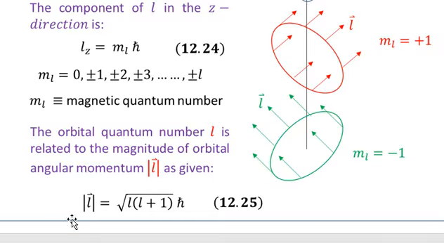On the left hand side, you have the magnitude of the angular momentum of the electron or the atom, and on the right hand side, you have the square root of the orbital quantum number L multiplied by L plus 1, multiplied by h bar outside the square root. So on the right hand side, the quantity L is actually the quantum number, and on the left hand side, the quantity which is L mod is actually the magnitude of the angular momentum.